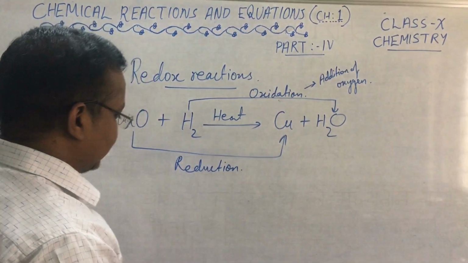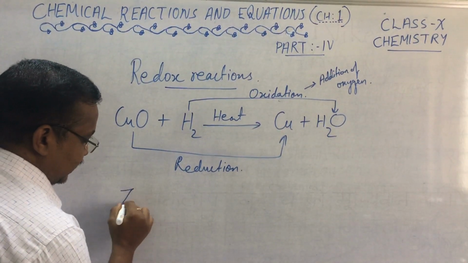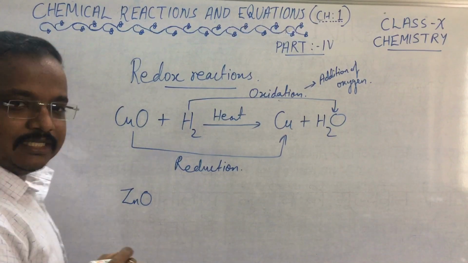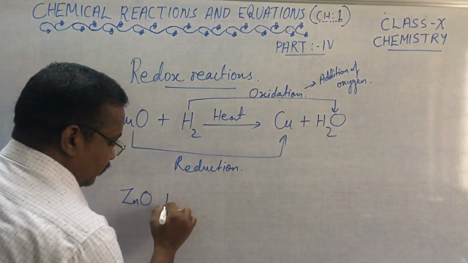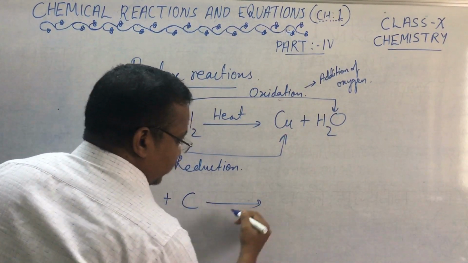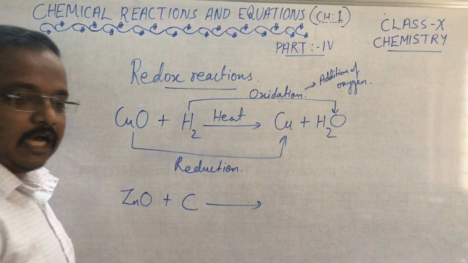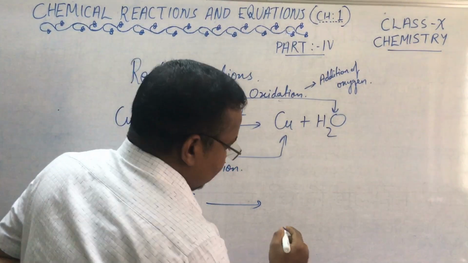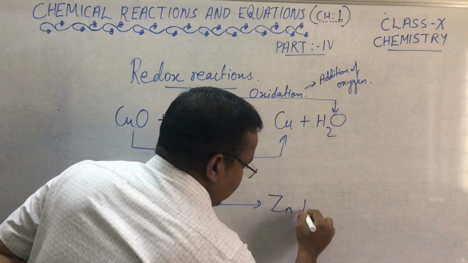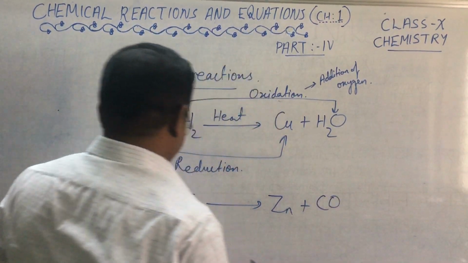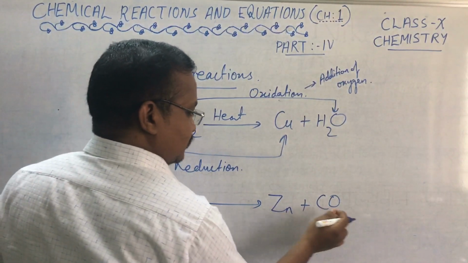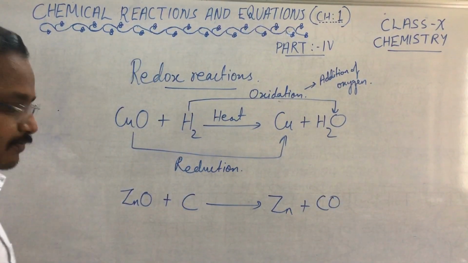Now let us look at another example. ZnO, that is zinc oxide, on reacting with carbon produces Zn and CO, that is zinc as well as carbon monoxide.